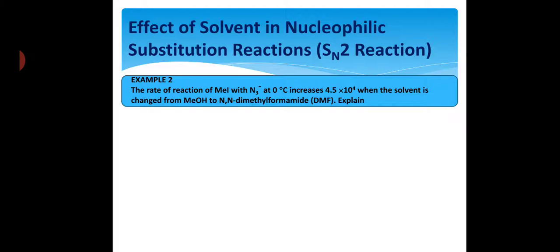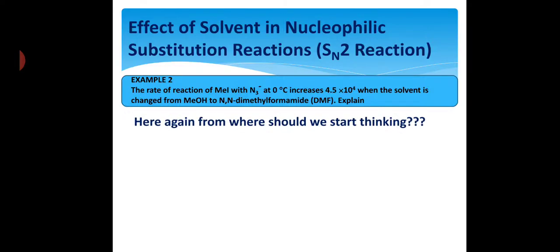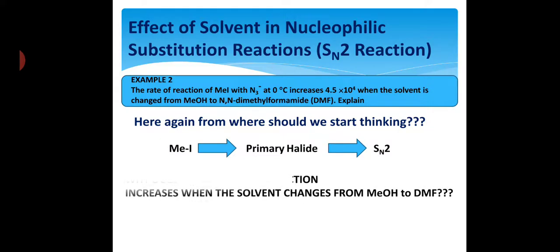Here again, from where should you start thinking? The substrate is methyl iodide. It is a primary halide, and therefore it undergoes reaction via SN2 mechanism. But why does the reaction rate increase when the solvent is changed from methanol to DMF?